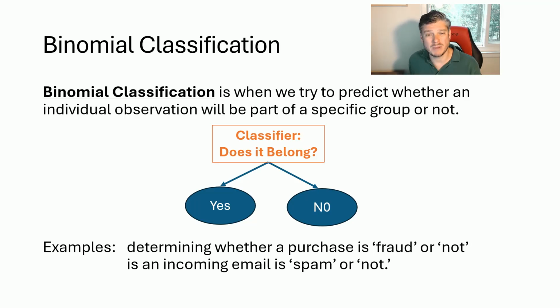Those are the two binomial options. This happens all the time when we're trying to build models that, for example, determine whether or not a particular purchase is going to be fraudulent or not, or an incoming email is spam or not, right? We have those two options. Either it belongs to a group or it does not.